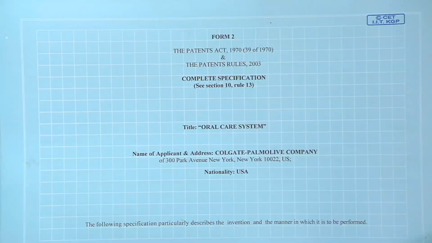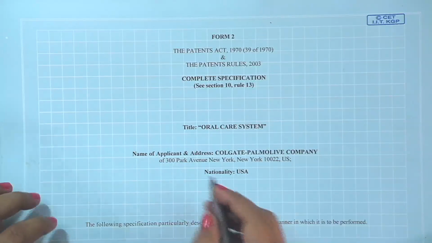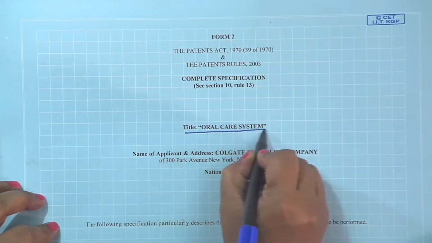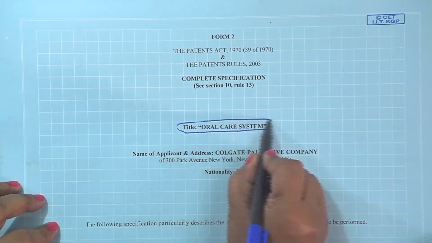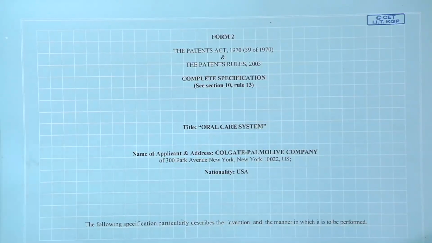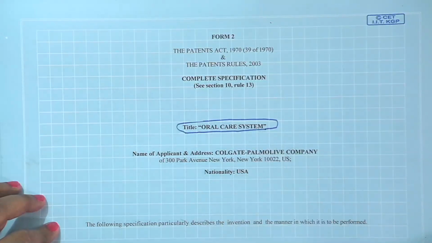So this is a Form 2, and in Form 2 you have to check that an oral care system is there. So you can see this is the title of the invention. Here we have seen that the title is an oral care system.